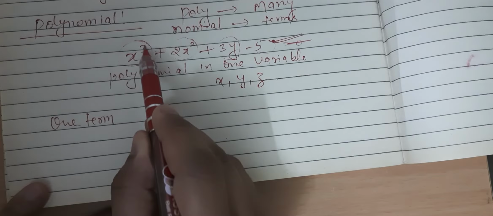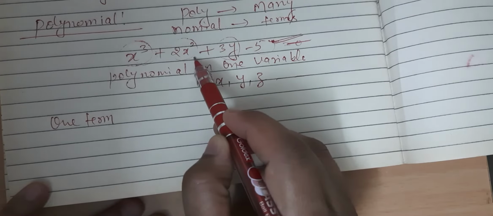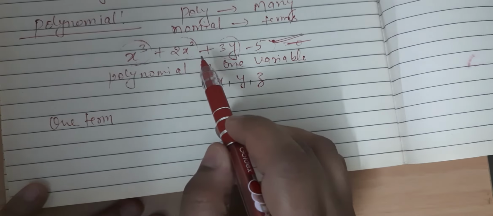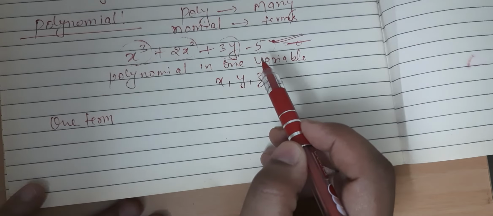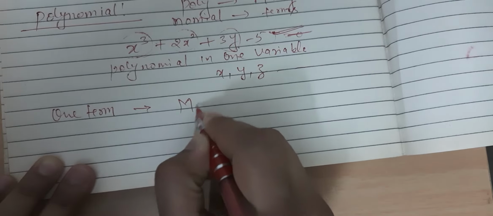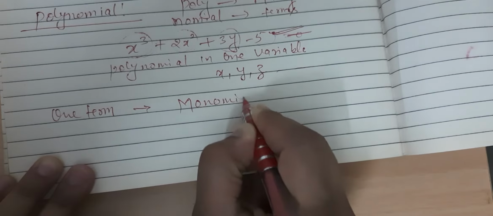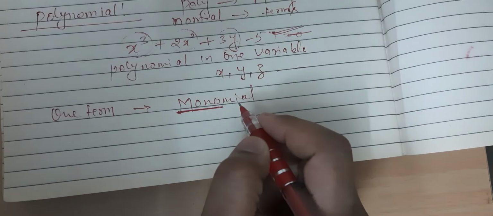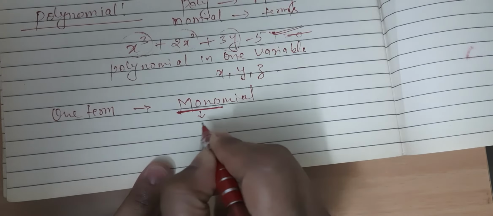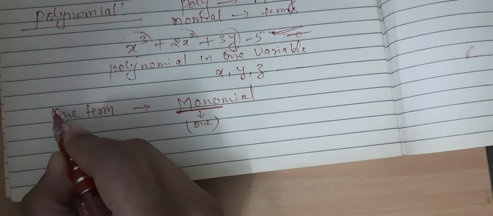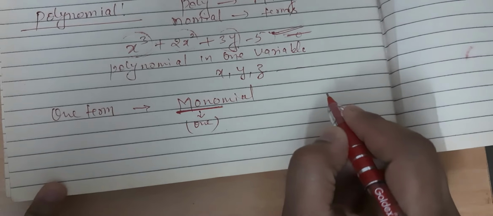Okay, this x cube, 2x square, 3y, 5, they all are terms of a polynomial. So if there is only one term in the polynomial, then the polynomial is called monomial, because the word mono means one. So if there is only one term, then the polynomial is called monomial.